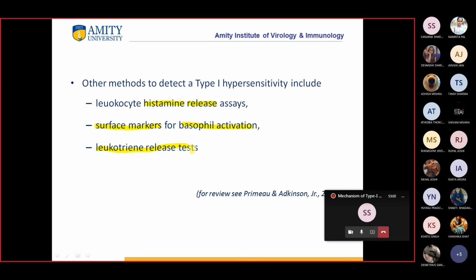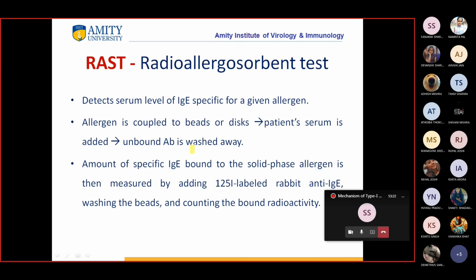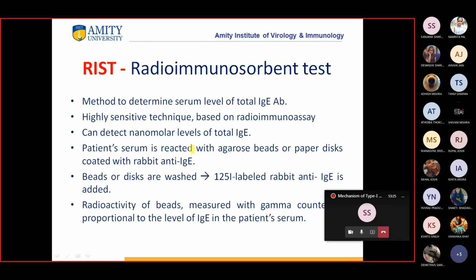So you don't need to do all these tests. But yes, the scientists keep working to find newer and newer solutions. These are different methods by which you can do such tests, but at this level you just need to focus on RIST and RAST, and skin testing.